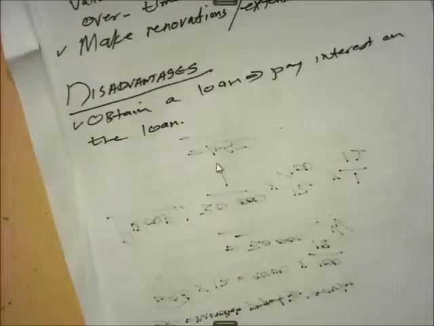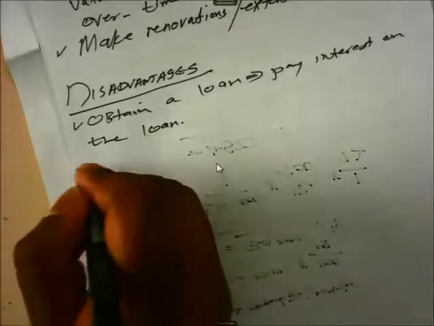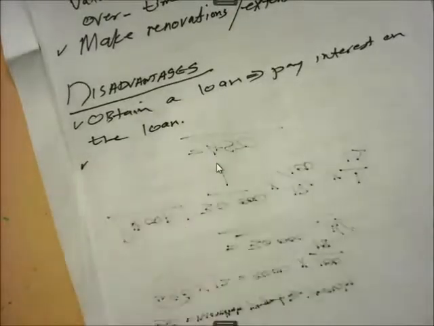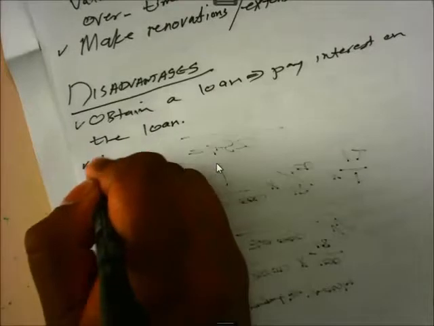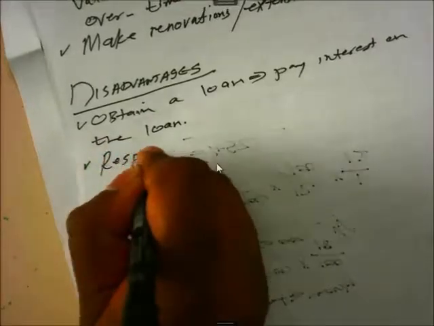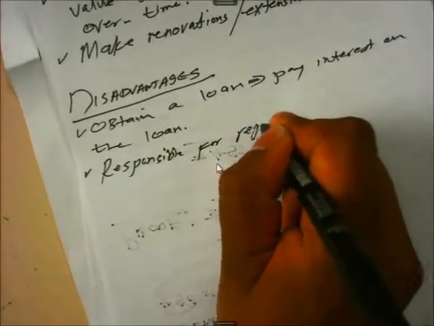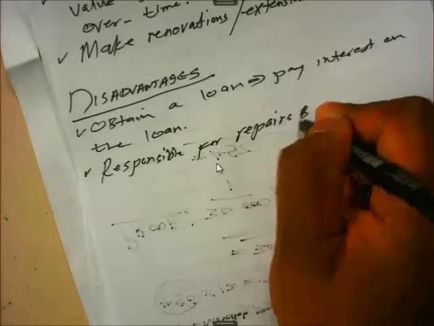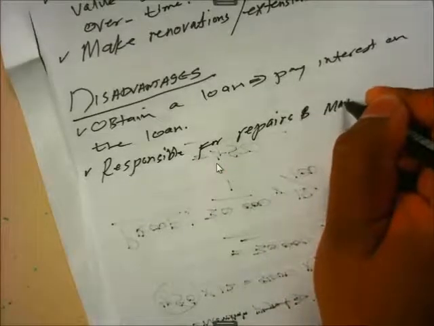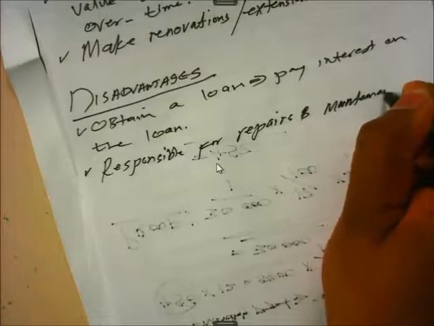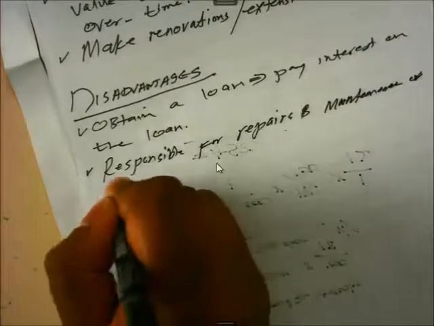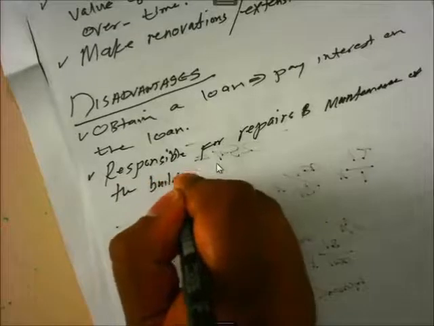The loan repayments will also put pressure on your cash flow. That is a serious disadvantage. Secondly, the other disadvantage is now you are responsible for repairs and maintenance of the building.